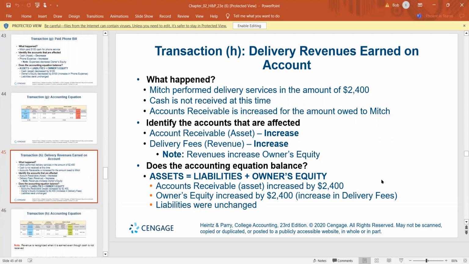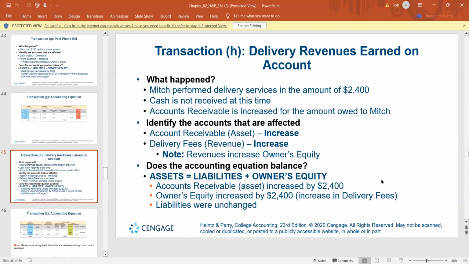Delivery revenues earned on account. What did I say on account means? No money, no cash. So you eliminate cash from the transaction immediately. What happened? Mitch performed delivery services in the amount of $2,400. He delivered $2,400 worth of pizzas to UCSB. But the deal is he's not going to get paid till later. Cash is not received at this time.